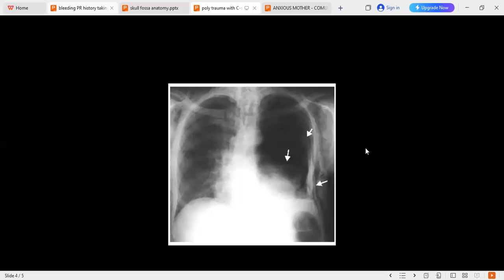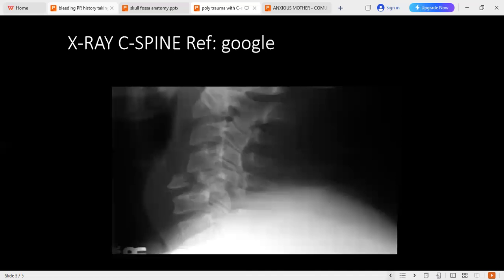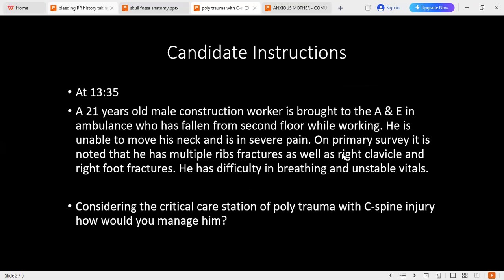How would you manage the patient's circulation? I would pass two wide bore IV cannulas and transfuse 1 to 1.5 liter of crystalloid solution, and also take blood sample for transfusion and for cross match. How frequently are you going to monitor the patient? This is a critical patient.